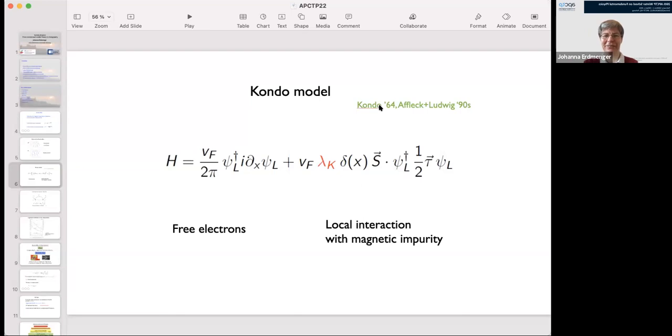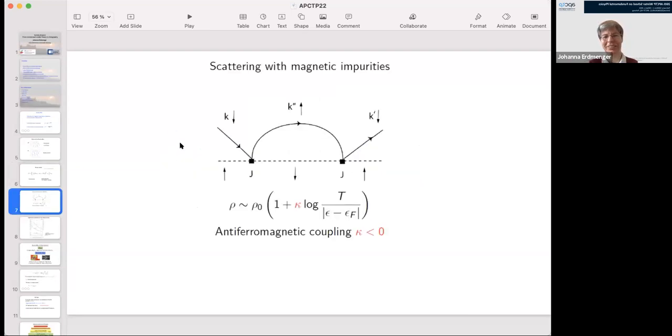Let's imagine that we are in 1964, so no AdS/CFT, and so this is just a vector in spin space. What Kondo did was to calculate the one-loop interaction term. This is a very simple Feynman graph where time flows in this direction.